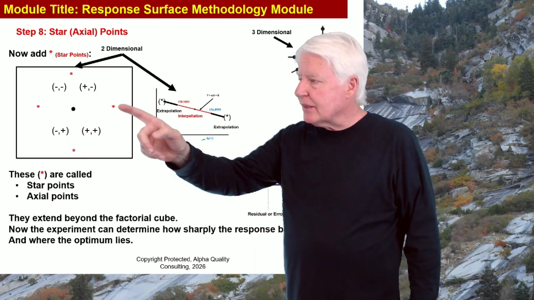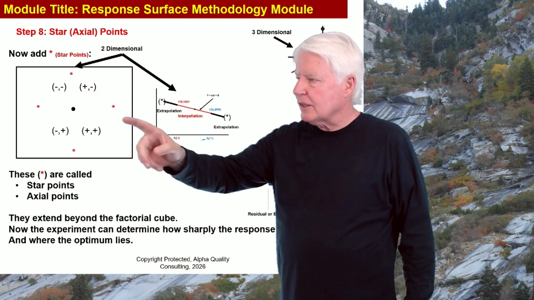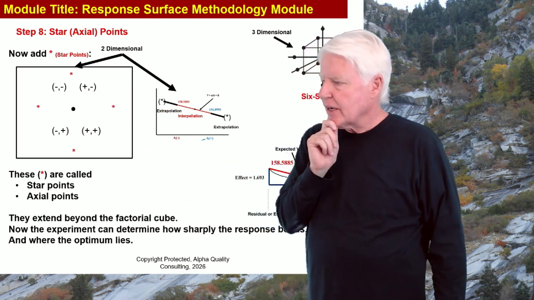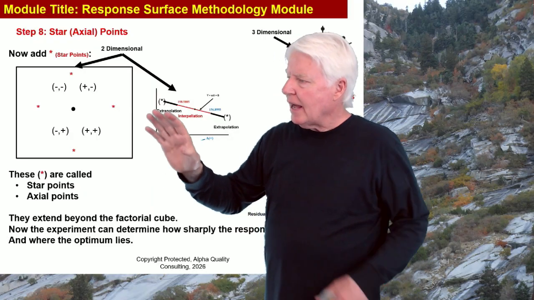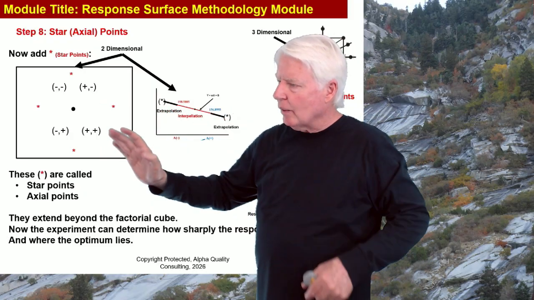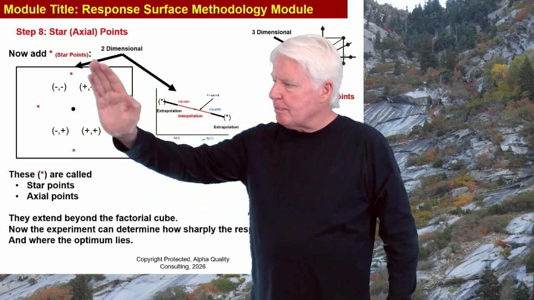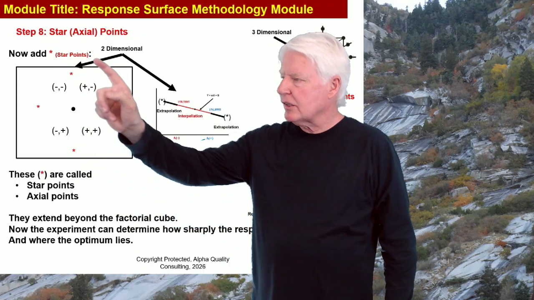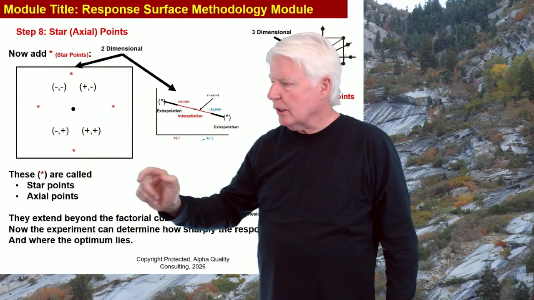And then we do these star points. They call them star points or axial points in CCD, Central Composite Design. And that kind of stretches everything out so that we can get a better picture of the curvature. So these stars, again called star points or axial points.